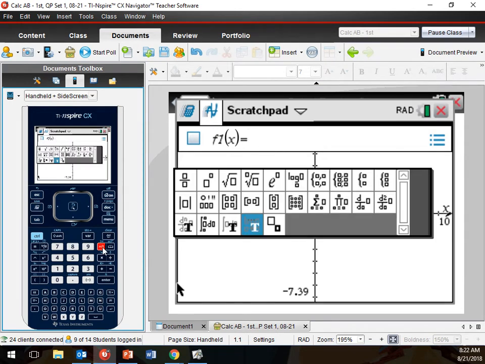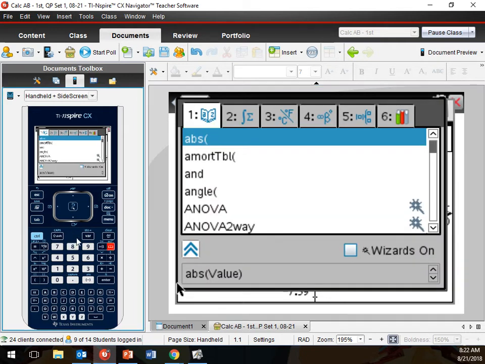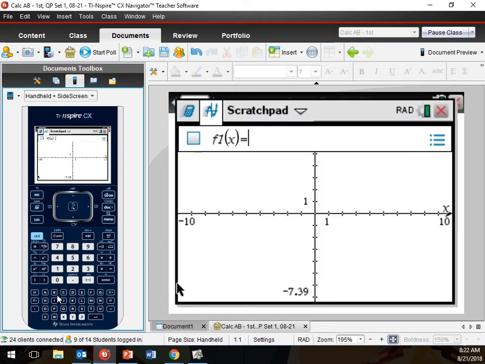Now, I can't remember where it is on this one. All right, so the floor function is called integer, int, parentheses, put my x, close.